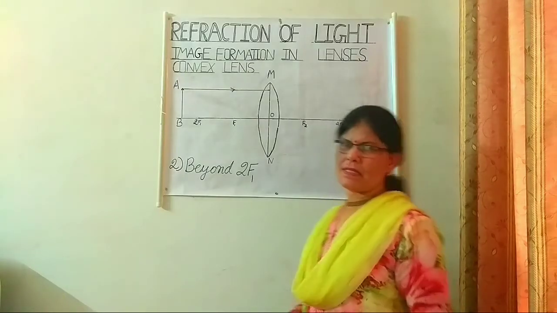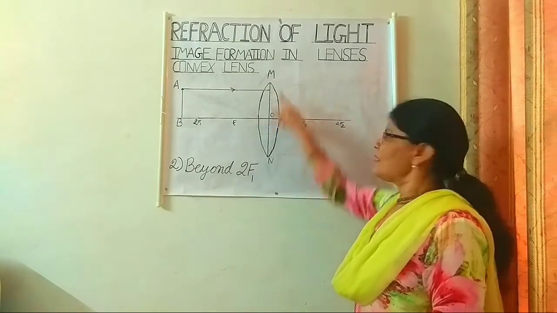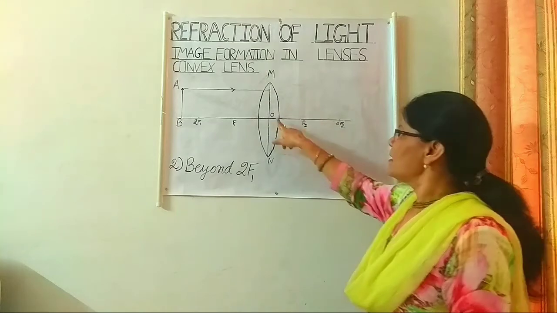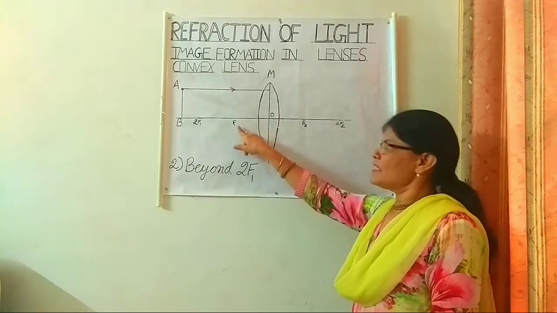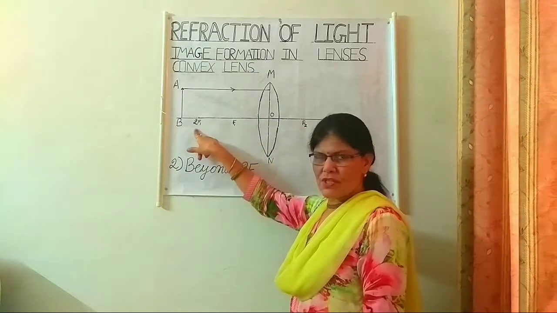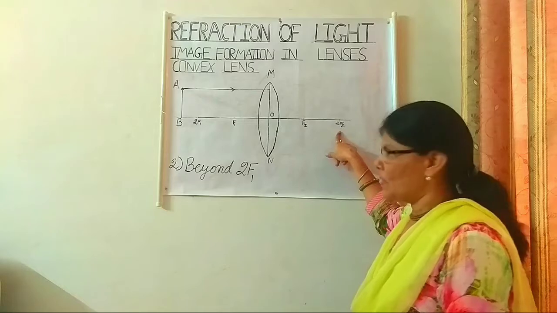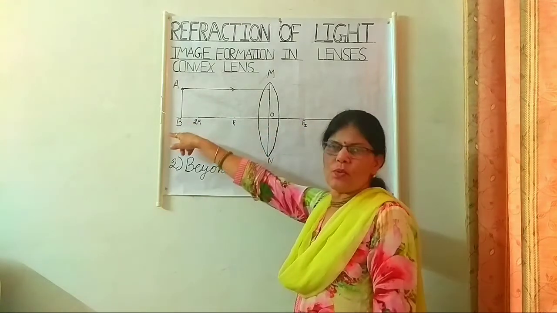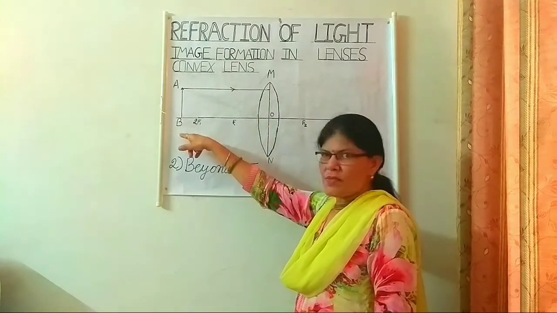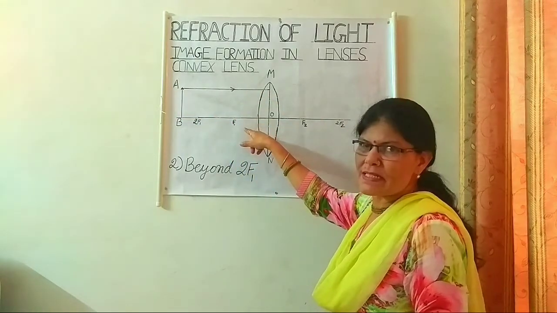Our second case is when our object is beyond 2f1. This is again our convex lens. This is the optical center. This is principal focus 1, principal focus 2, center of curvature 1, that is 2f1, and center of curvature 2, that is 2f2. Our object is beyond 2f1. So this is our object and an incident ray parallel to the principal axis.